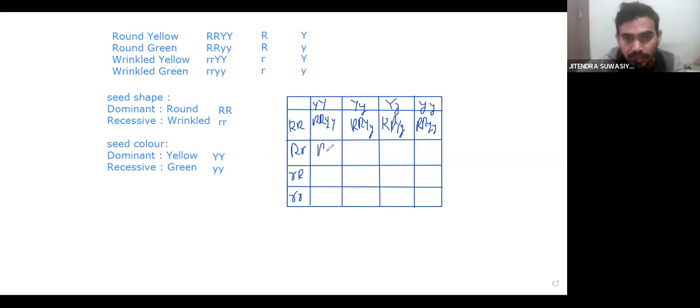Then again capital R, capital Y, capital Y, capital R, small r, capital Y, small y. Then again capital R, small r, capital Y, small y, capital R, small r, small y, small y. Then again capital R, small r, capital Y, capital Y. Then capital R, small r, capital Y, small y. Then again same.